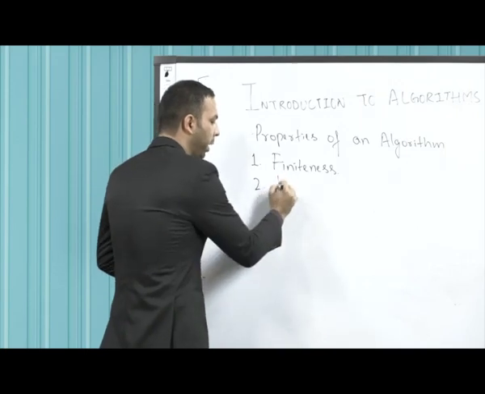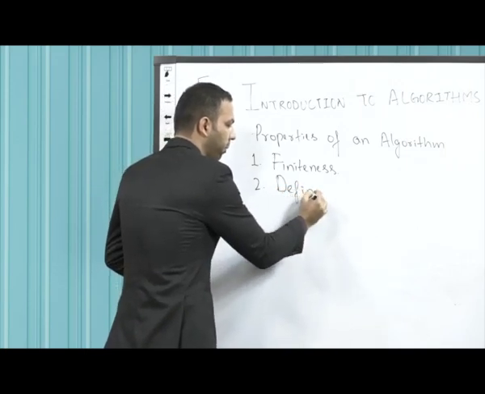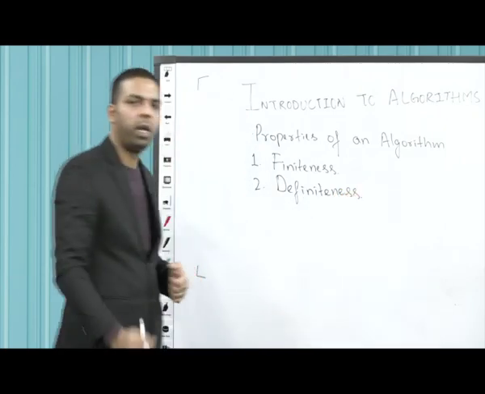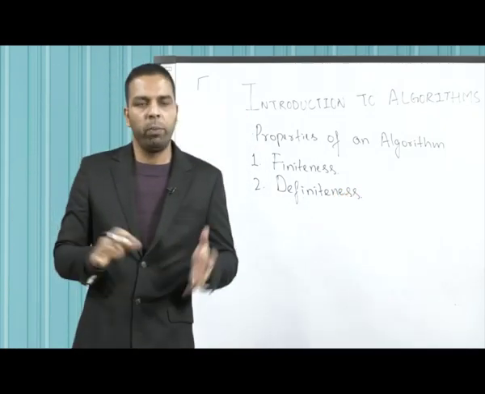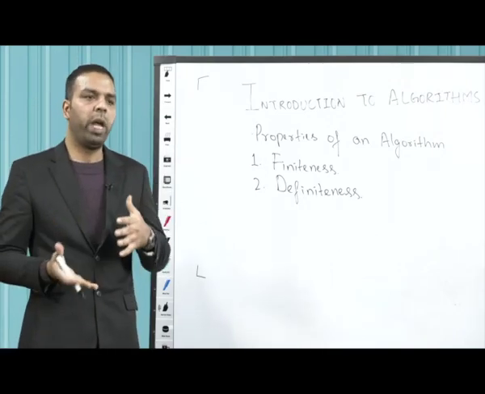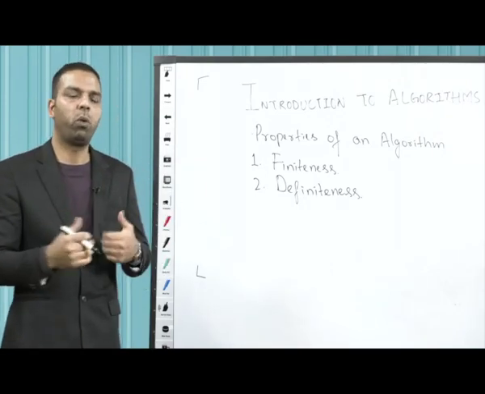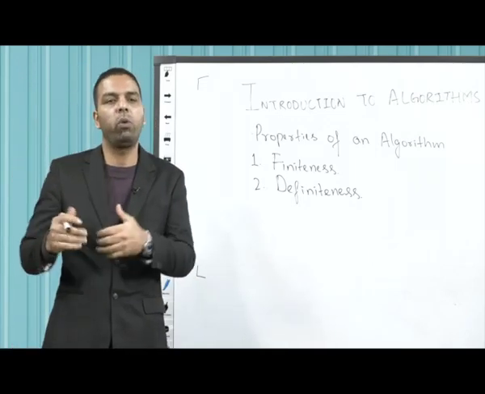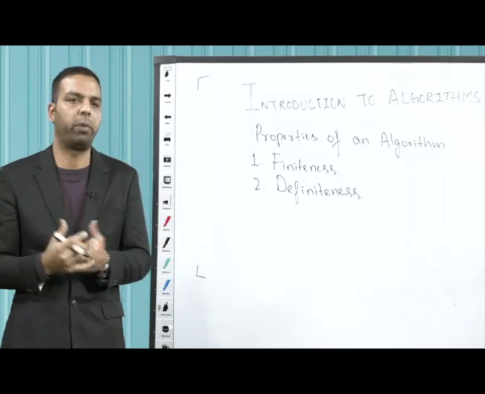The second property is definiteness. Human beings have certain knowledge of how to do things, but a computer is a dumb machine. We need to tell a computer everything about how to perform a task.